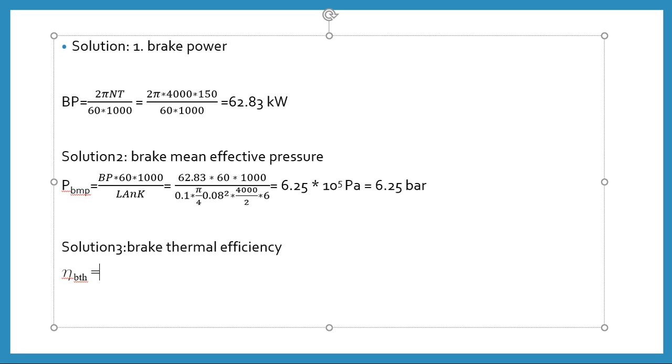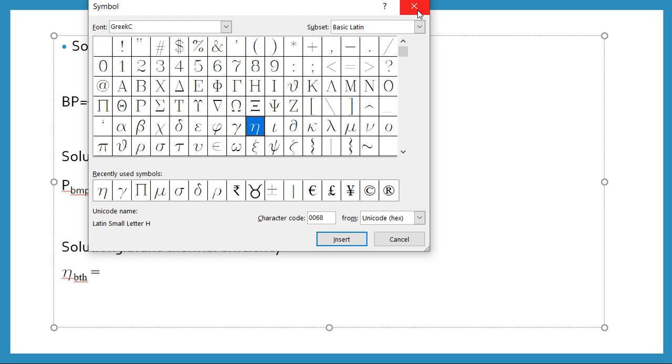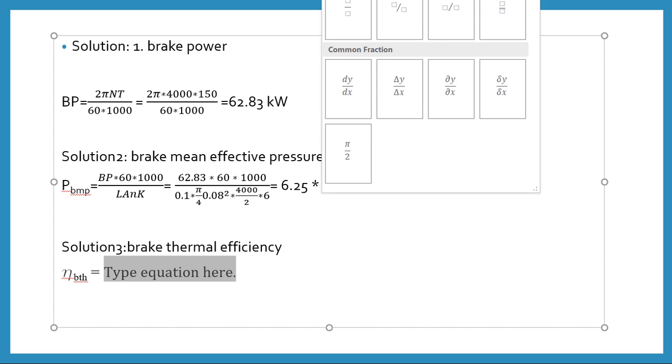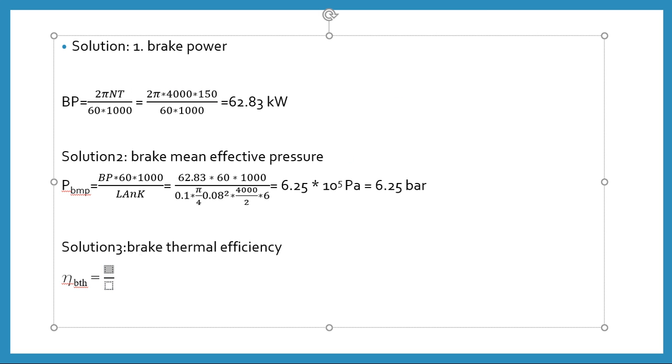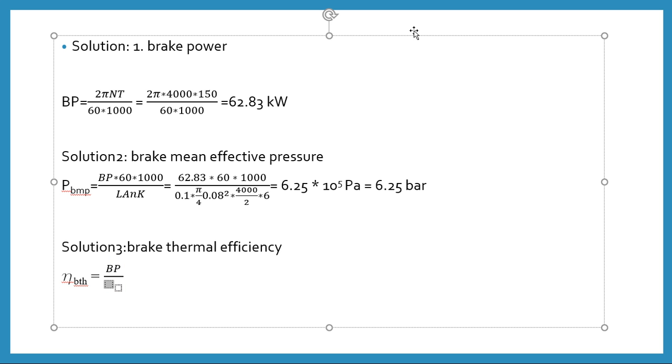Brake thermal efficiency equals brake power divided by mass flow rate of the fuel into calorific value of the fuel.